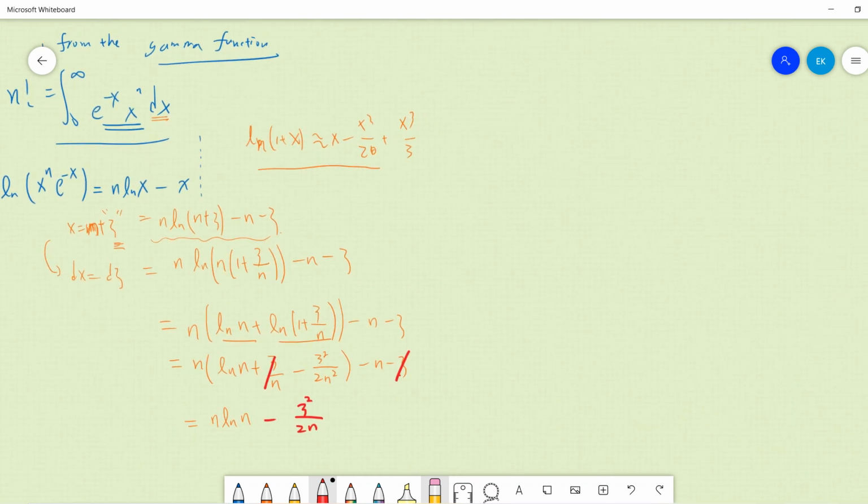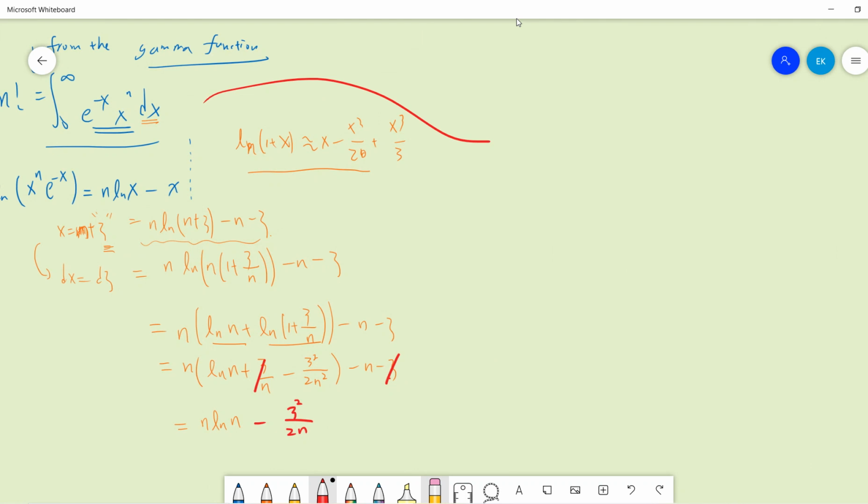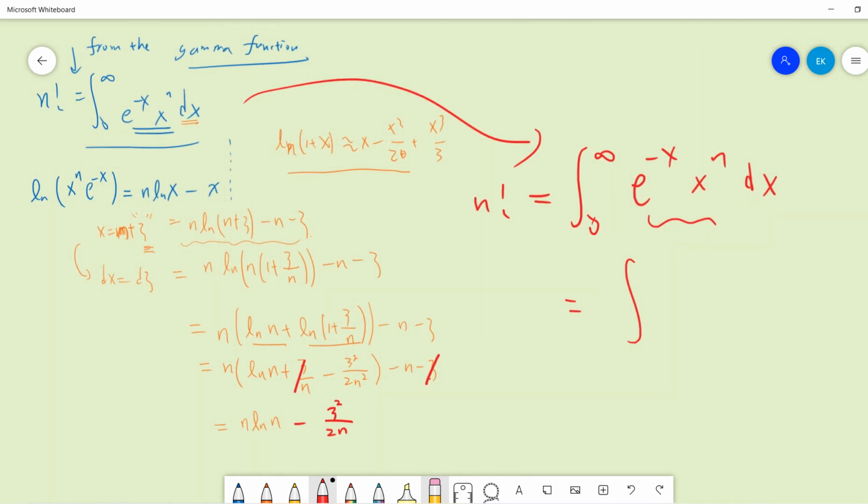So the integral, after we change the variable, basically is this one. We take the exponential and get n log n times exponential of minus eta squared divided by 2n.